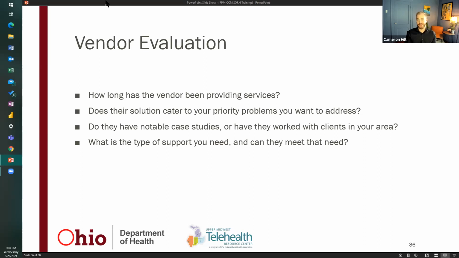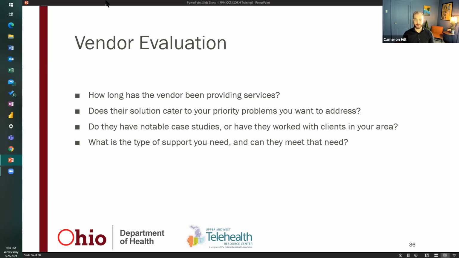The next is, do they have any notable case studies or have they worked with clients in your area? This just helps you have more confidence that ultimately they can deliver on what they're promising. And especially, I know that every single hospital and organization, their patients are completely different, but being able to understand, do they have some experience?